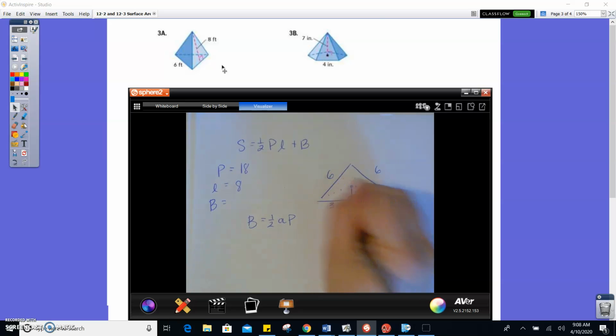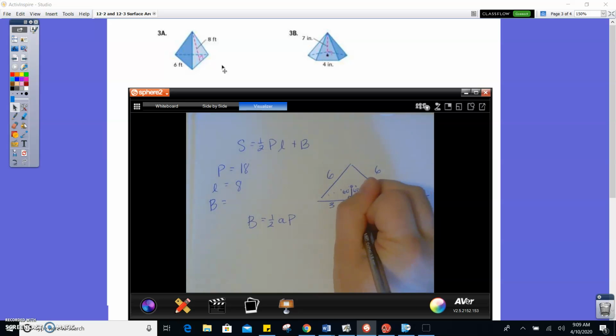I know that this side length is 3 and 3 because it is a segment bisector. And now I know all the sum of the interior angles of a polygon have to equal 360. So if I divide 360 by n, or the number of sides, which is 3, I get 120 as that central angle. Well, now 120 gets split because, again, our apothem is not only a segment bisector, but it is an angle bisector. So each angle here is 60.